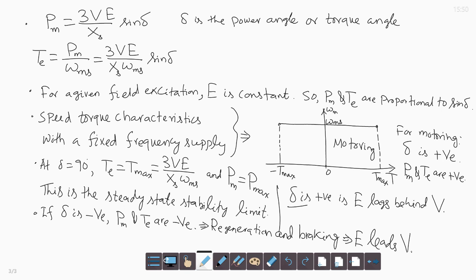In the speed torque characteristics, the second quadrant is for braking or generation, corresponding to negative delta.